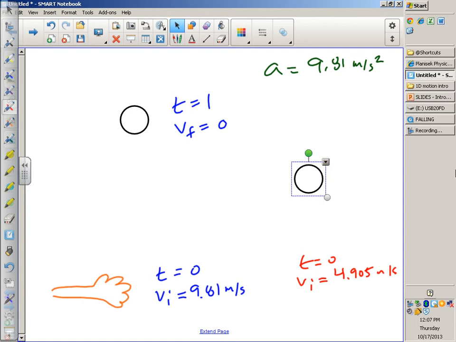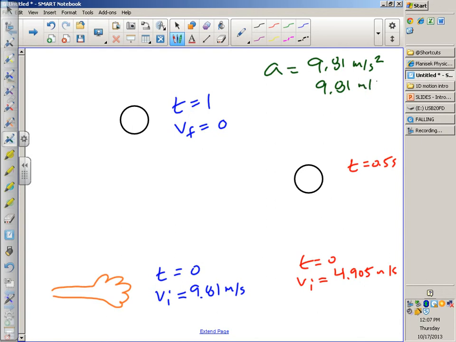But now this would only be 0.5 seconds, because we said that the velocity changes by this much every second.